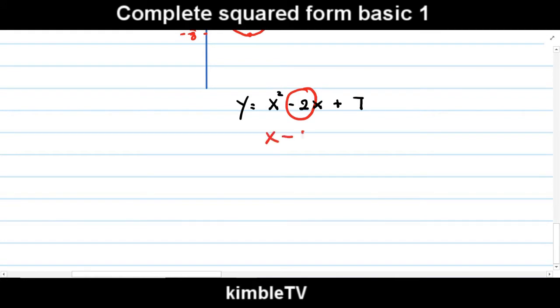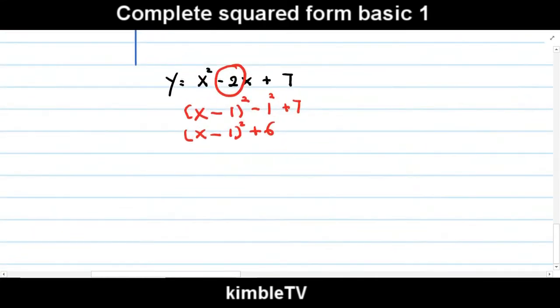So x minus 1 close bracket squared minus 1 squared plus 7. Therefore, y equals x minus 1 squared plus 6. The coordinates of the stationary point are 1 and 6. The y-intercept is 7.